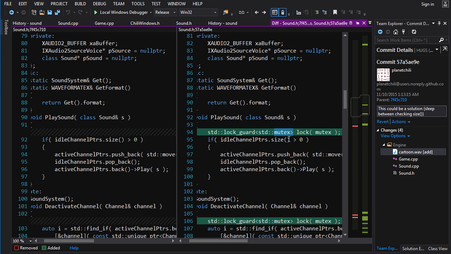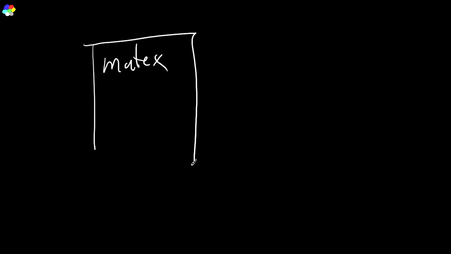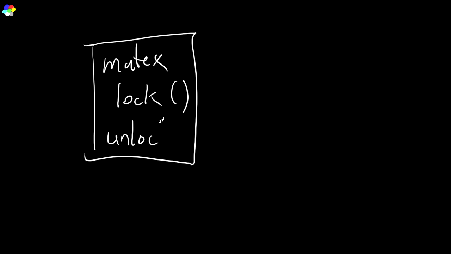So the thing about a mutex is, mutexes have a bunch of things, but in general, every mutex is at least going to have a lock function and an unlock function.